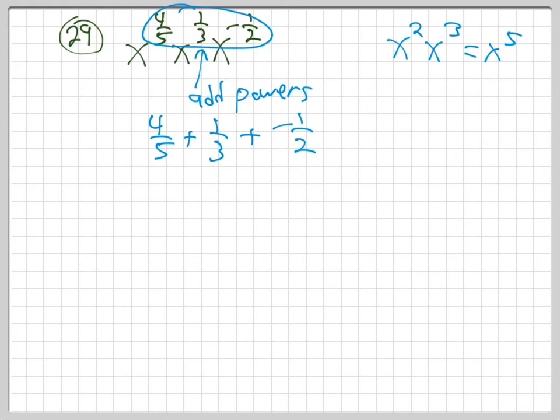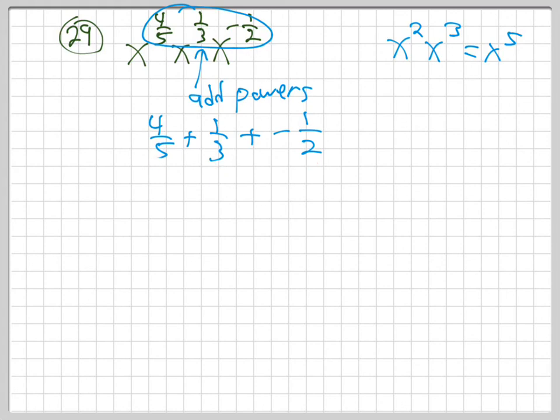Now, you can do it by hand, with a common denominator, or you could just type them into your calculator and let it do the fractions for you. Either way, it doesn't matter. What's the common denominator going to be? Remember, you multiply all the denominators together? Yeah, 5 times 3 is 15, times 2 is 30. 30 is going to be the common denominator.